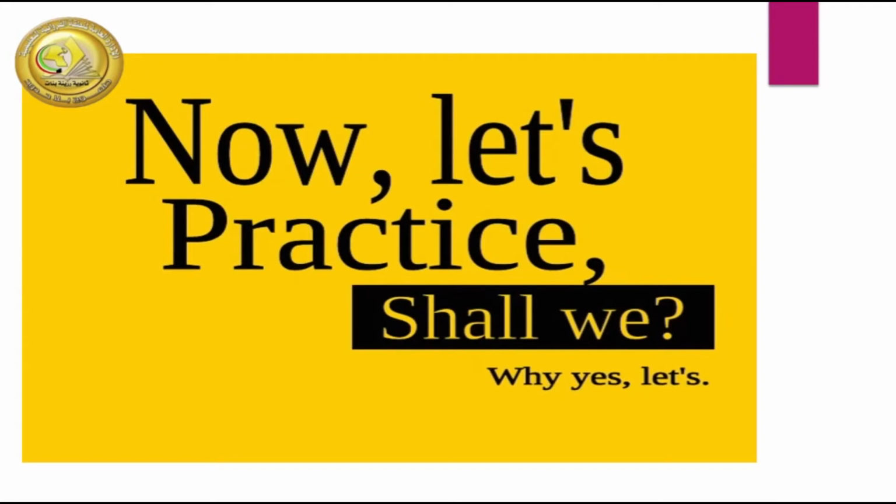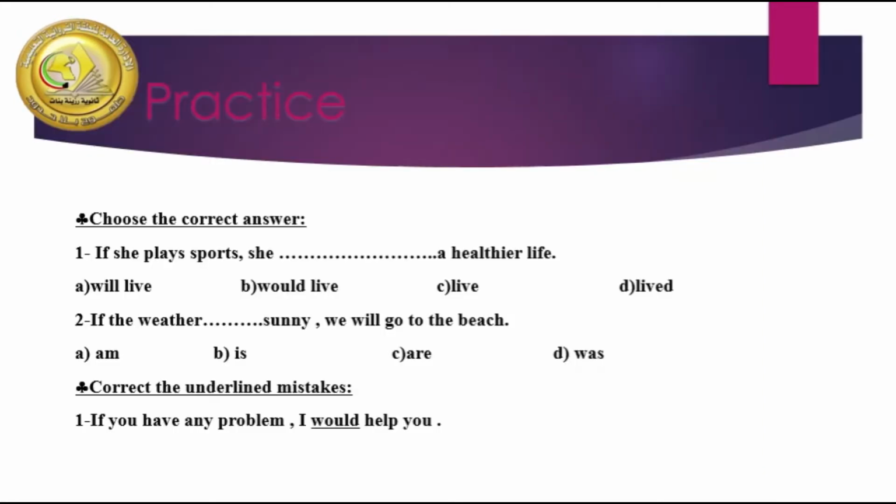Now let's practice, shall we? Let's work this exercise together. Choose the correct answer. The first sentence. If she plays sports, she will live a healthier life. A, will live. B, would live. C, live. D, lived.